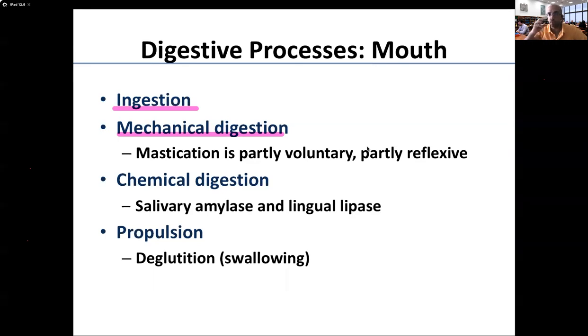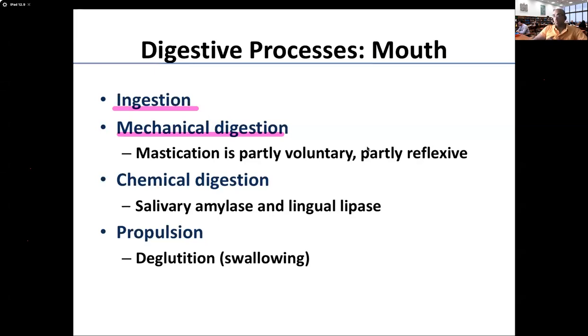So if you're chewing a gum, you initiate by voluntary action. It's voluntary. It's the initiation of the process. But you don't keep thinking, I need to keep chewing, right? So you start as a voluntary process, but it keeps going as a reflex.